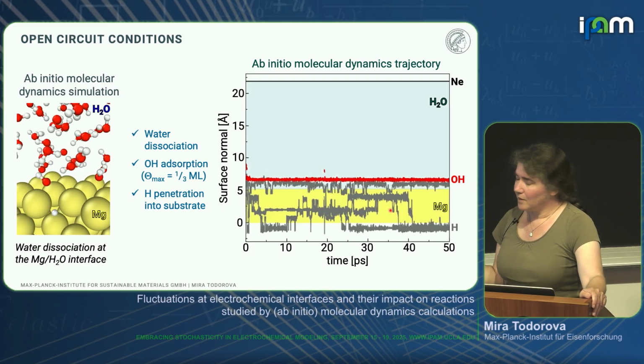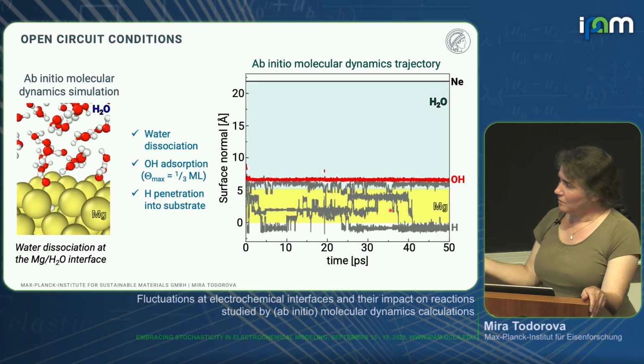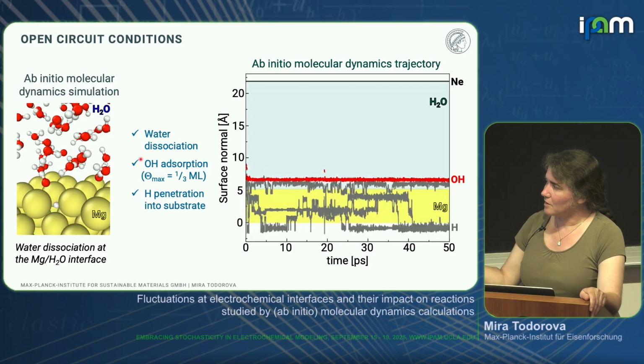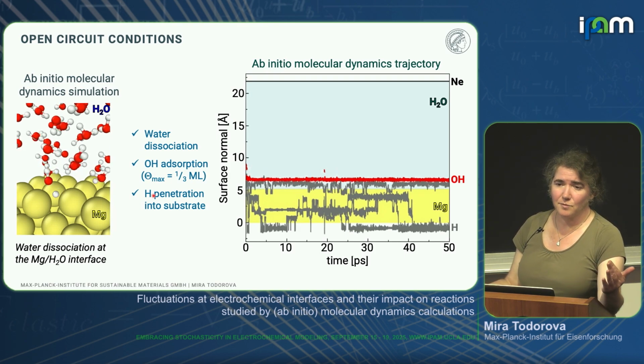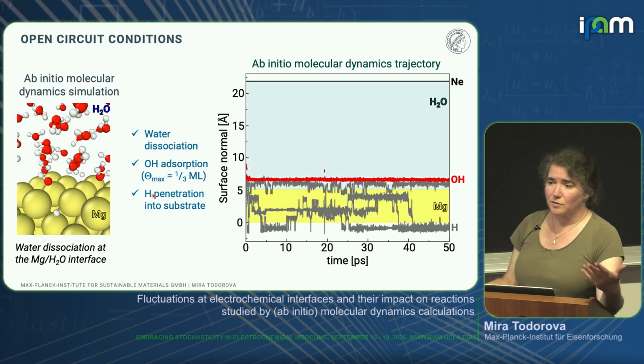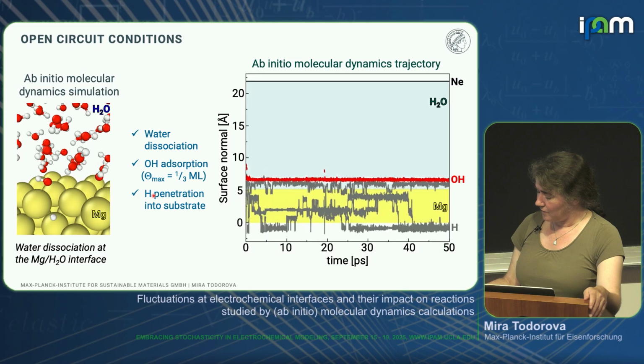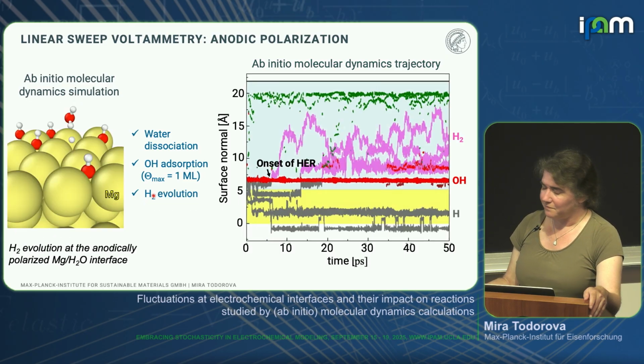And what's interesting, when we don't apply any potential control, we reach an OH adsorption corresponding to 1/3 monolayer. That's the maximum coverage we reach, which is also consistent with what was found thermodynamically by other calculations. We don't see, however, any kind of reaction.